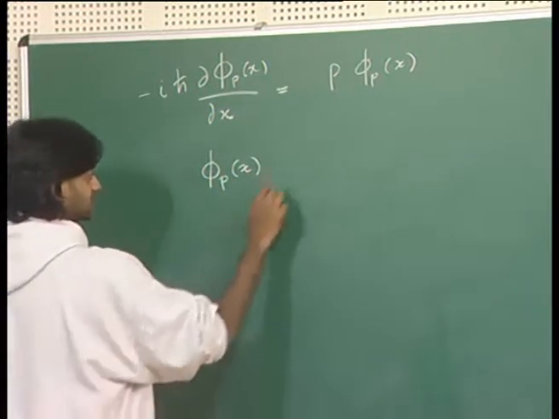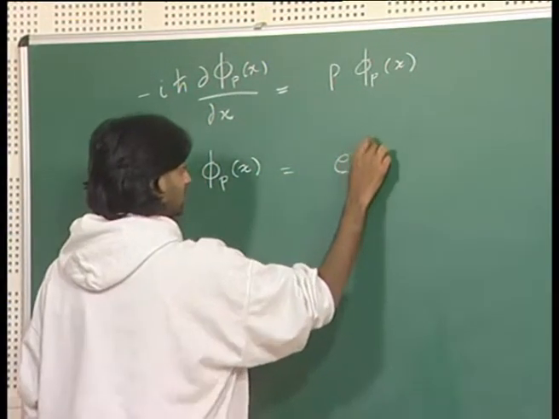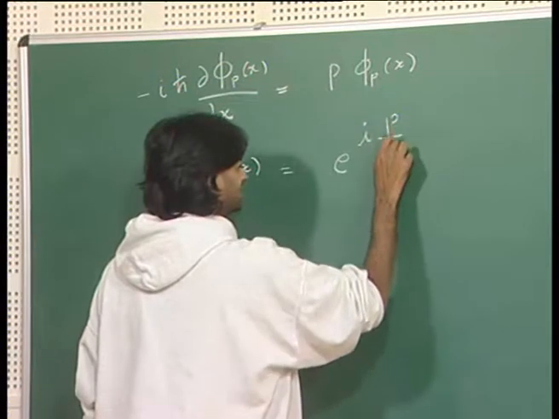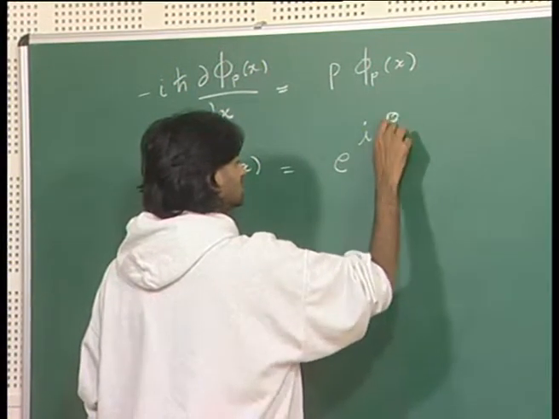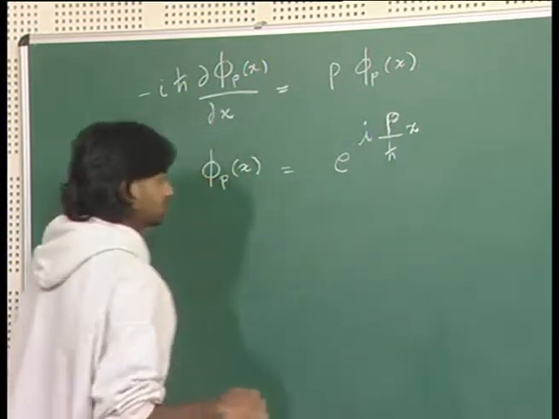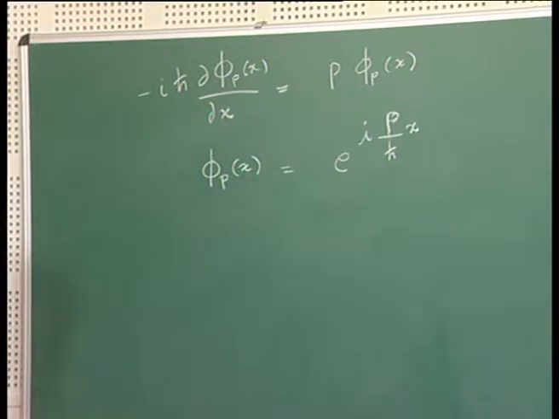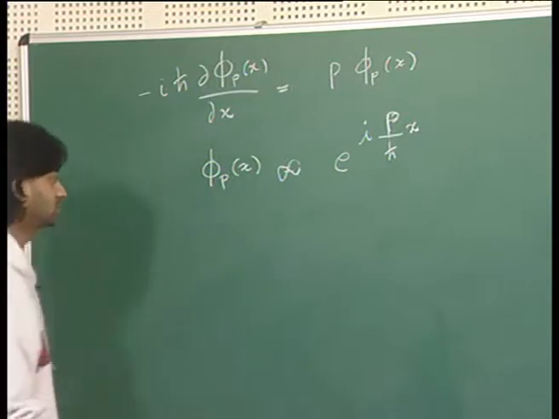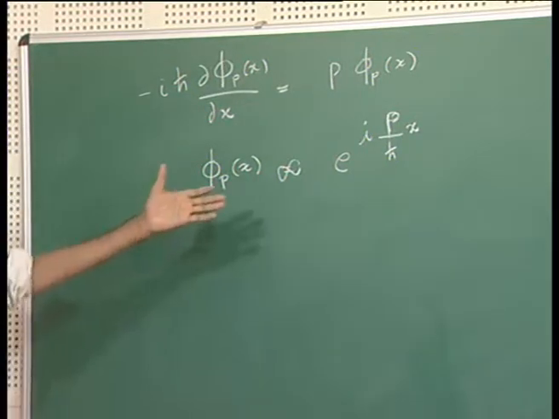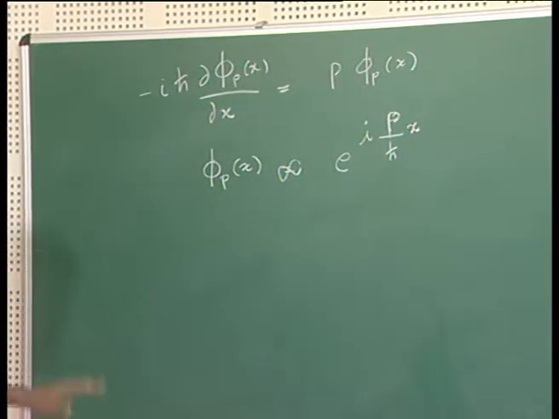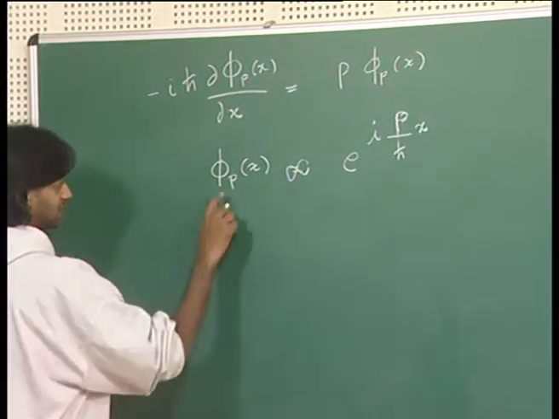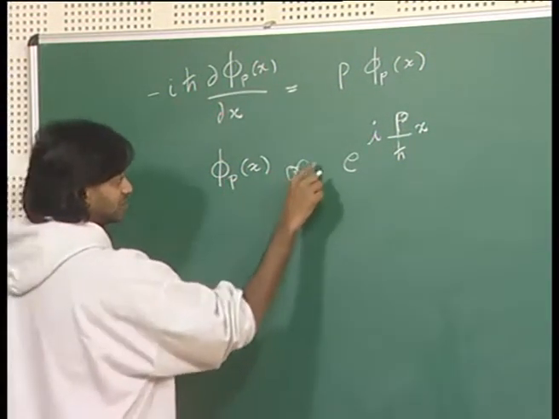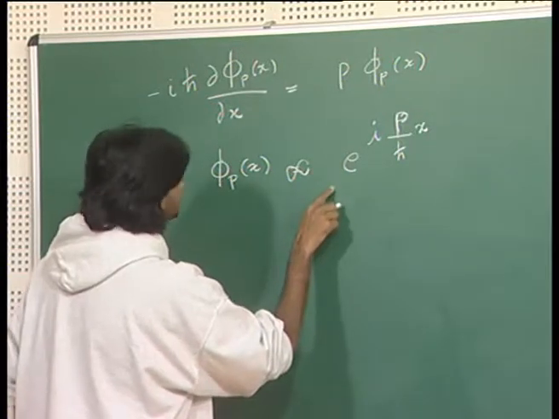phi p of x is equal to e to the i p divided by h cross x. Okay, it is proportional to this. So, you can take this value now. If you take the derivative, you will get i p by h cross.